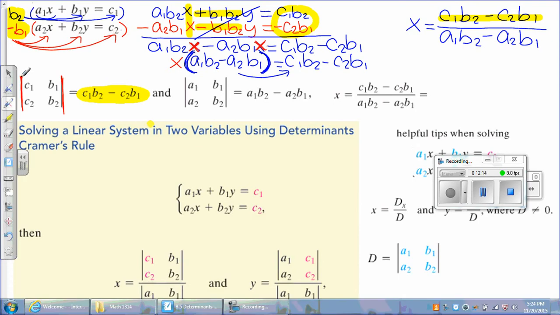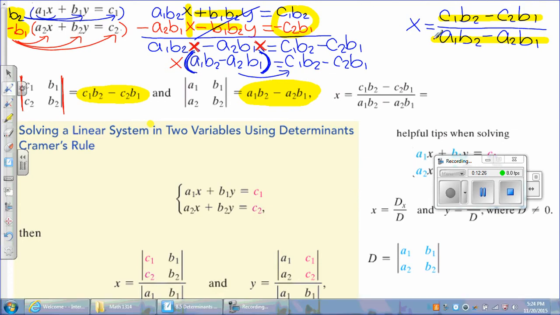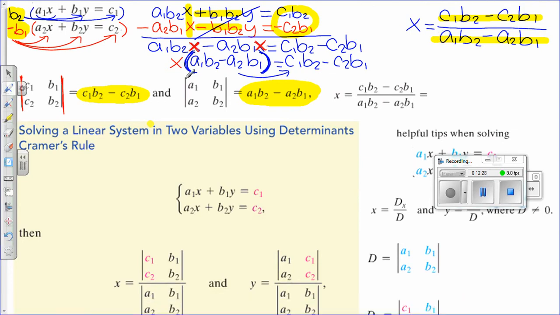Now, if we look at the denominator when we are solving for x, this one here, we see that same thing, the same product, and actually the difference of the products here. And so that one is actually the determinant listed here.